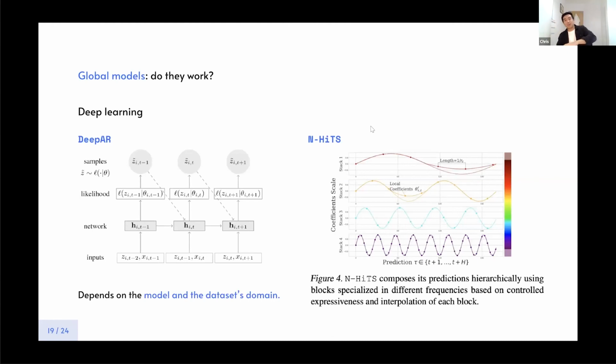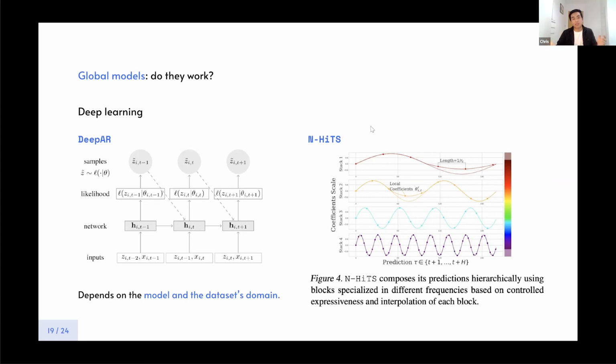The other type of global models is deep learning as well. And right now, probably the two highest performing deep learning models out there, the first is something called DeepAR. I'm not an expert in this, and feel free, if you do know about this, to please jump in.